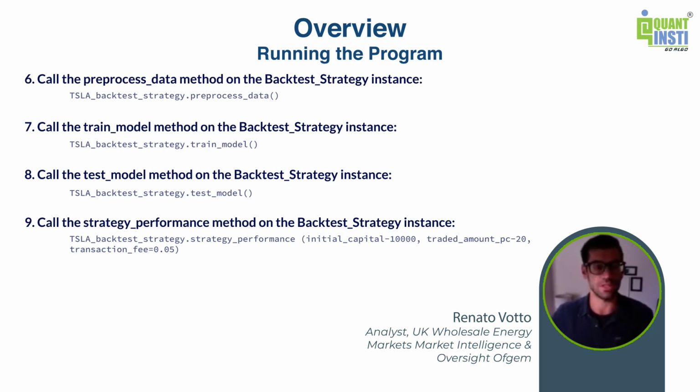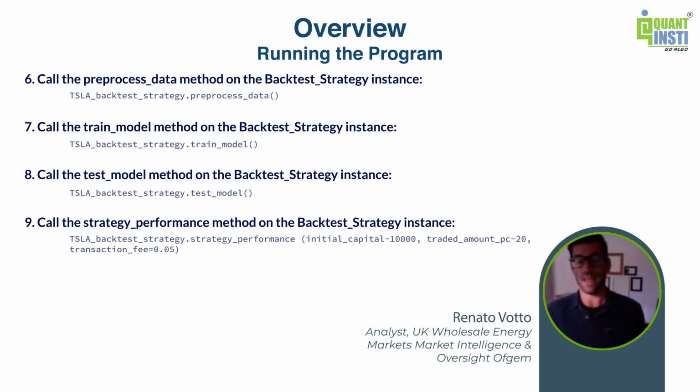Like in point 6, we can preprocess data, which means take care of missing values, outliers, anything that has to do with cleaning the data, manipulating the data, so that we can feed correctly the machine learning algorithm. And then you can start training the model with the 7th method and test the model.